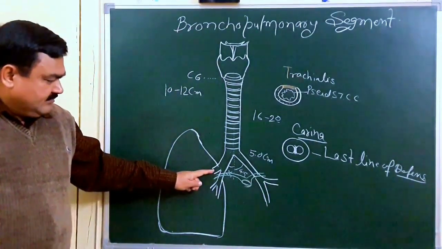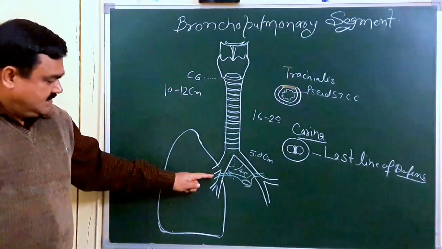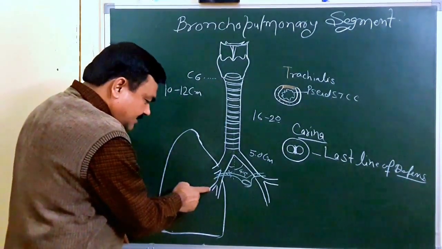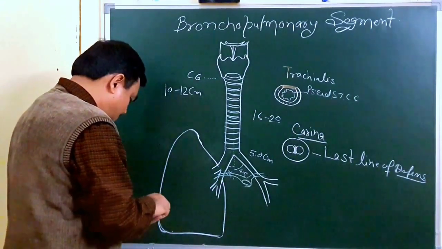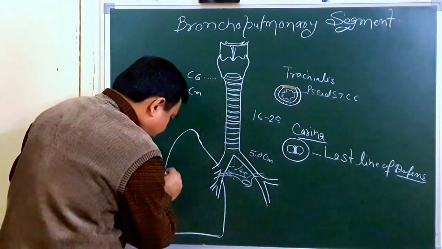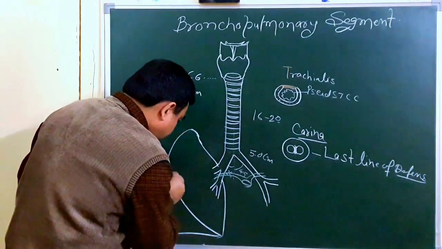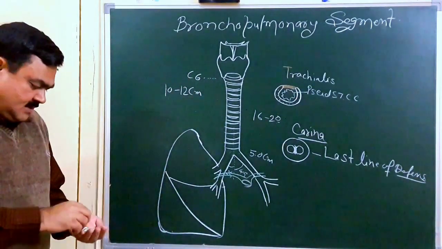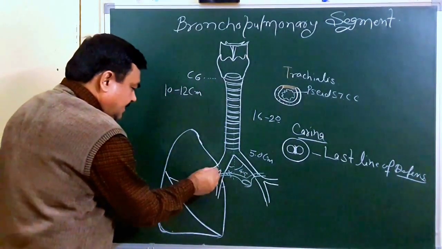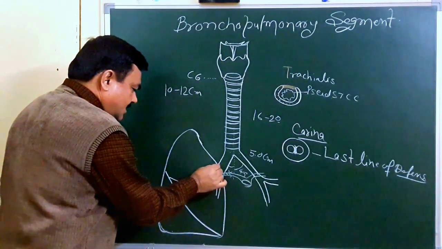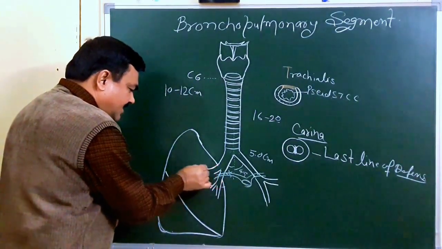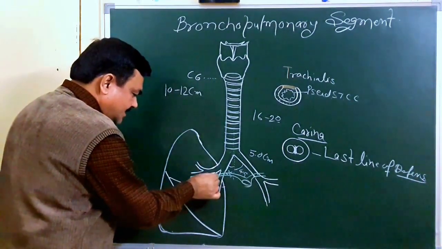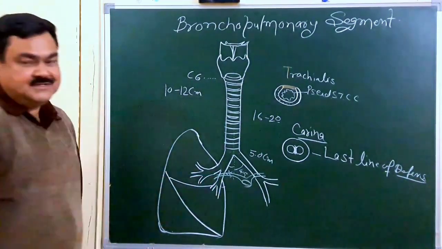This part is the epiarterial bronchus. This is the hypoarterial bronchus. These are 2 bronchi. Here is the third bronchus, and here is the oblique fissure. Here is the transverse fissure. Each lobar bronchus again divides into 3 tertiary bronchi. These are 3 tertiary bronchi.